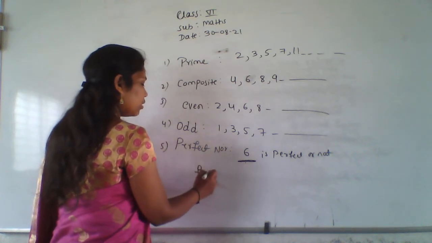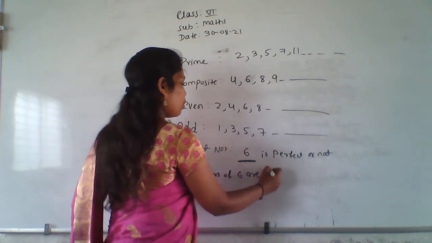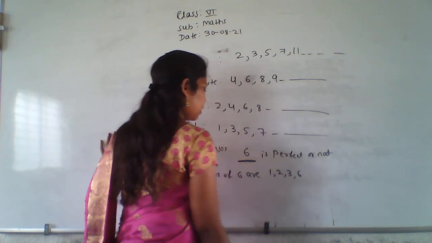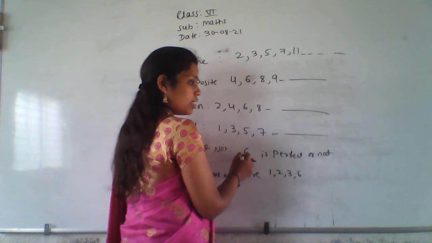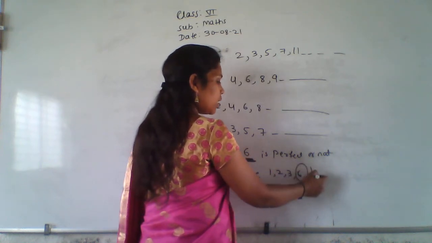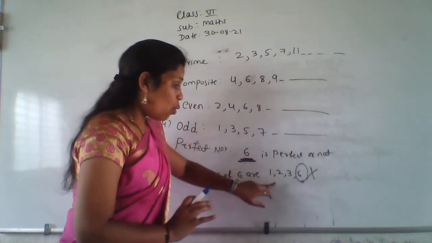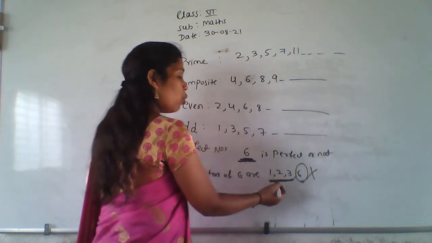Factors of 6 are 1, 2, 3, and next 6, right? 6 is the number and a factor also. So don't consider 6 now, only consider the other factors. What are the other factors here?